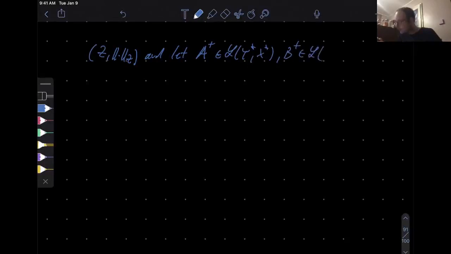And those guys exist because of the previous theorem. Okay, denote their duals.